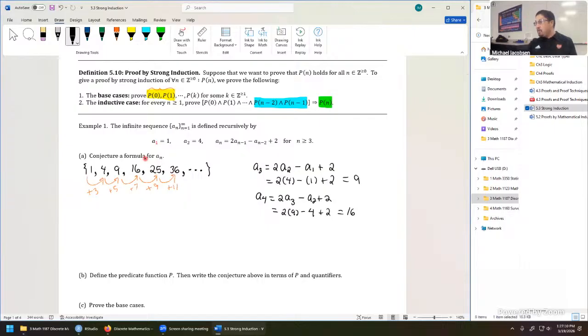Good call. So this is the sequence A sub n, but we can also rewrite it as really it's just 1 squared, 2 squared, 3 squared, 4 squared, 5 squared, 6 squared, and so on. That looks like it holds as well. We didn't really check it out on this one whatsoever. But again, we're making a conjecture.